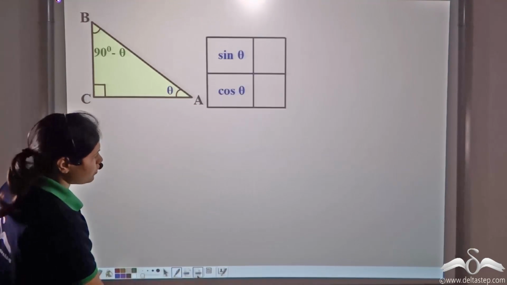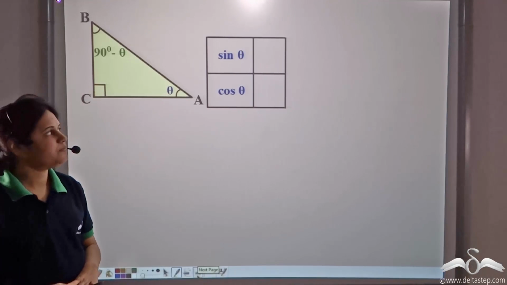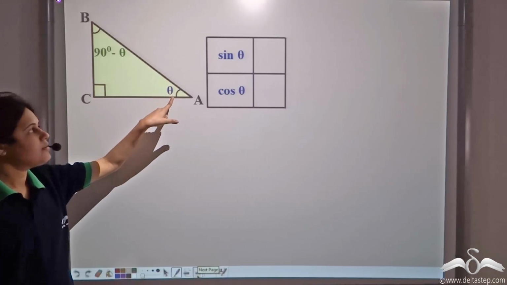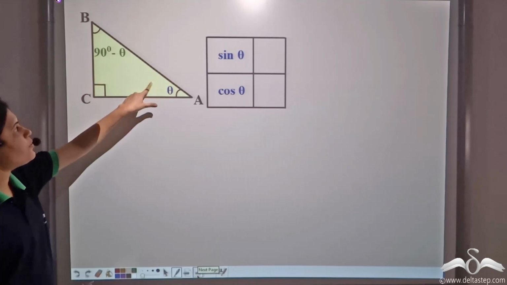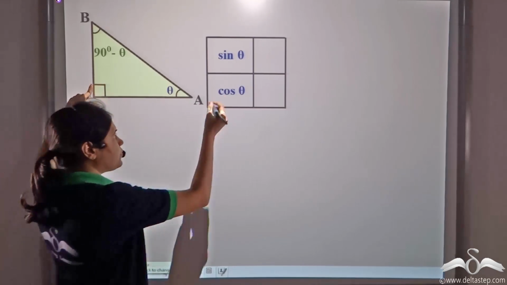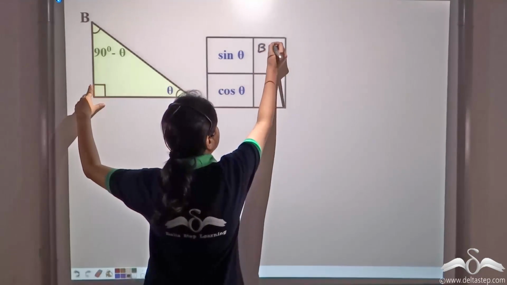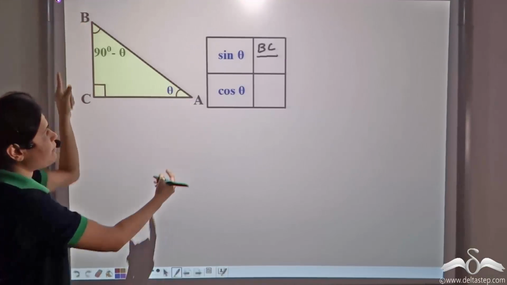Now let us find the value of sine theta and cos theta from here. Sine theta is equal to opposite by hypotenuse. So the opposite side of theta is BC, so this is BC by hypotenuse, that is AB.